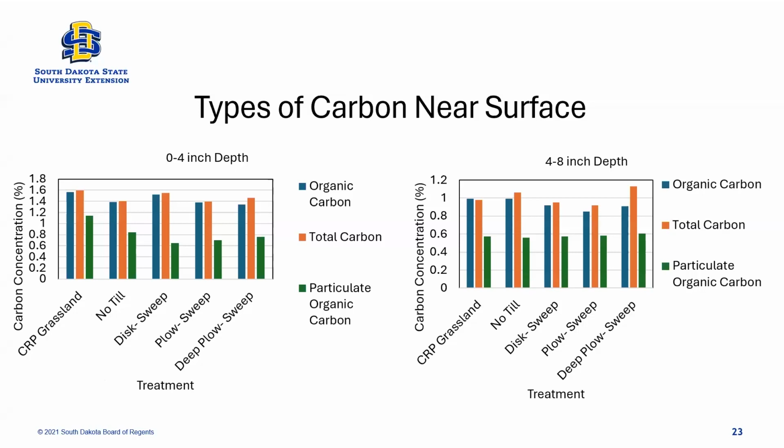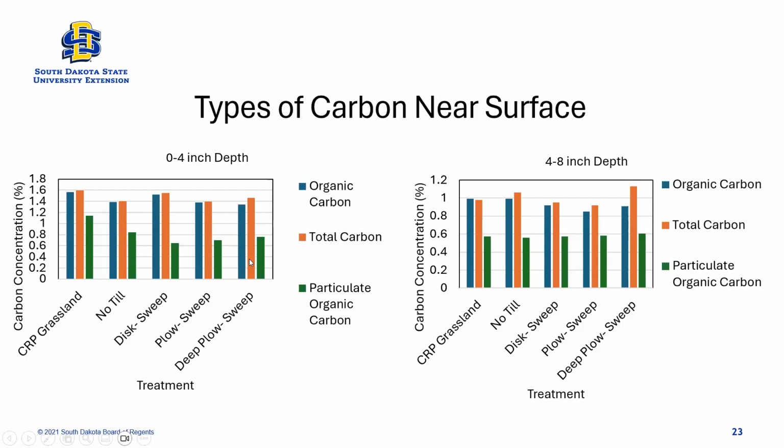And here's the part, as I discussed earlier, there's particulate organic matter carbon, there's inorganic carbon, there's total carbon. I didn't put the inorganic carbon in this graph, but near the surface, the CRP grassland, which is returning more carbon to the soil and has more living roots near the surface, had higher particulate organic carbon and a little higher total carbon percent than the tilled cropland.